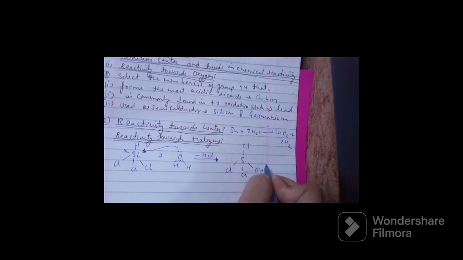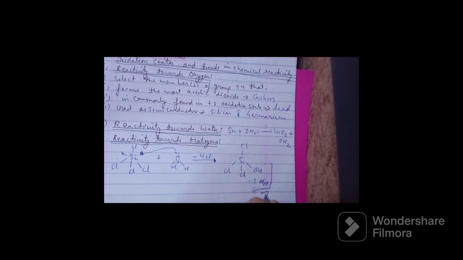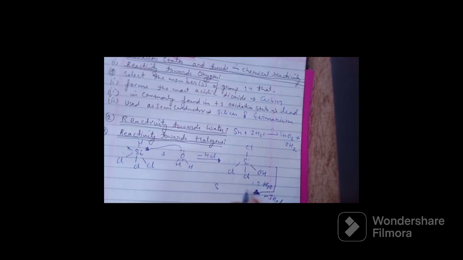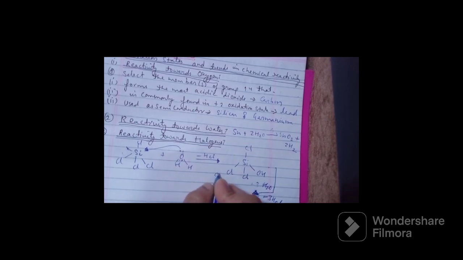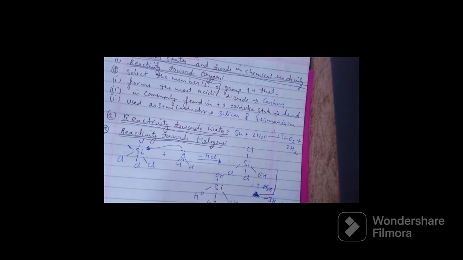One lone pair has gone, and in the presence of 3H2O, minus 3HCl, it will give Si(OH)4, with OH, OH, OH and OH. This is silicic acid.